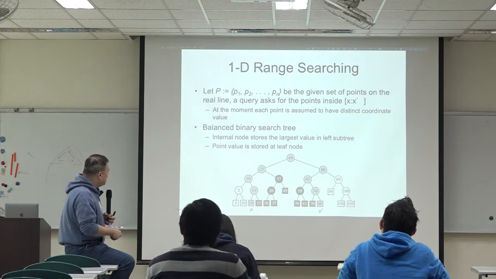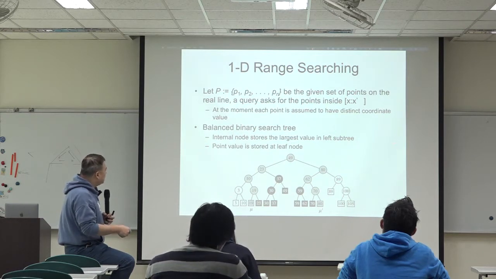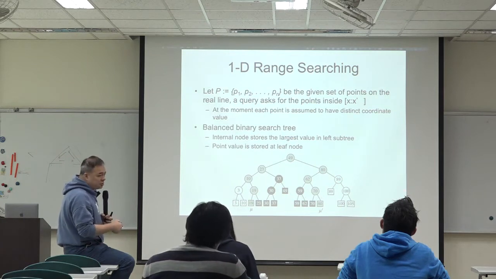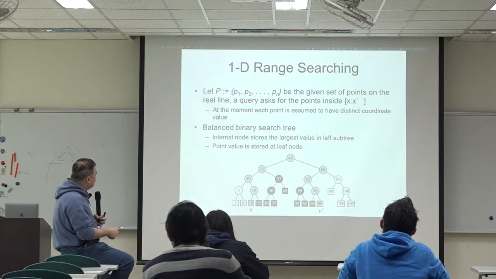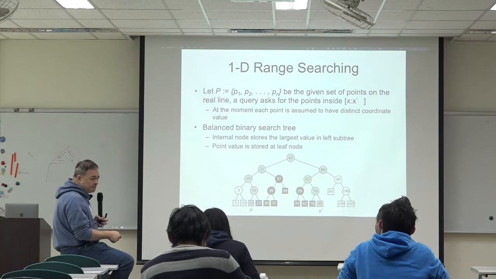We are not talking about just any balanced binary search tree, because we are going to use this one for one-dimensional range searching. This balanced binary search tree is a little bit special in the sense that we have two requirements. First, the internal node will store the largest value in the left subtree.